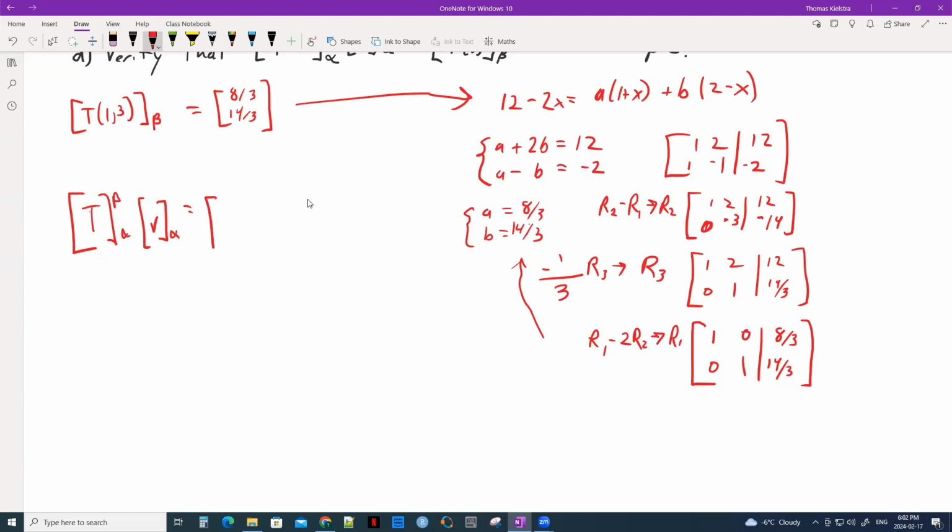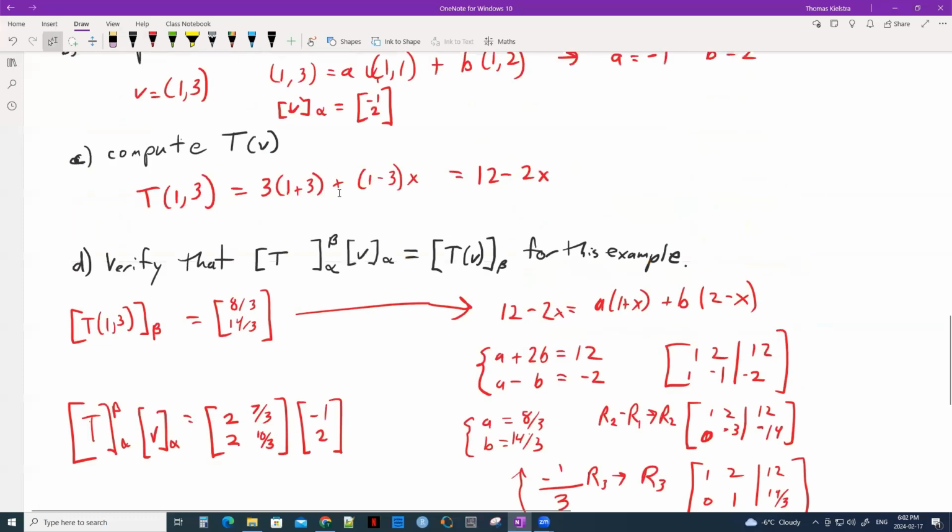Now I'm going to multiply T alpha beta with V alpha to verify that they are in fact equal. If we scroll up, we can see that we have the matrix [2, 2; 7 thirds, 10 thirds] multiplied by the vector (-1, 2).